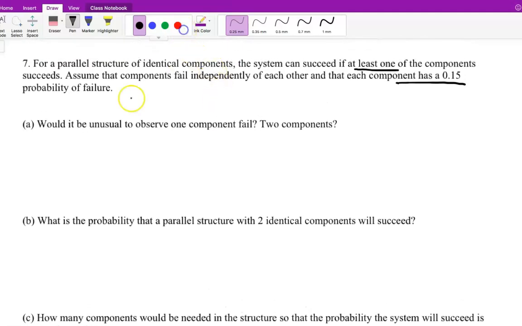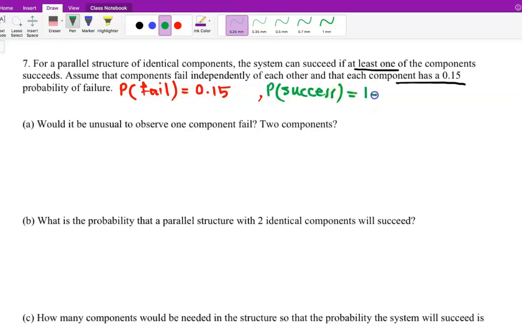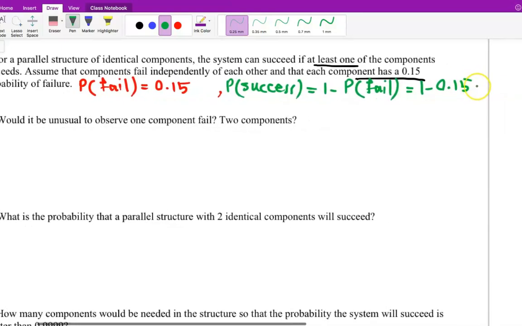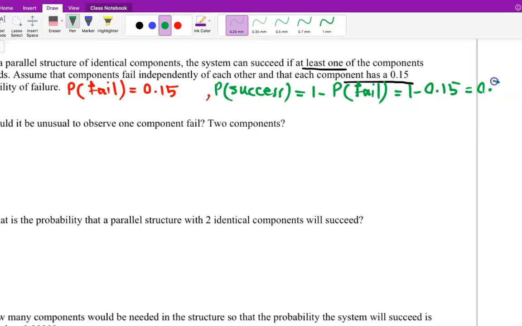So what is given is the probability of failing is 0.15, and based on that, the probability of success is equal to 1 minus the probability of failing. That's 1 minus 0.15, and it's 0.85.